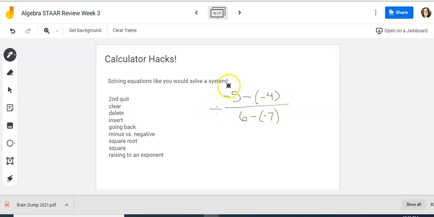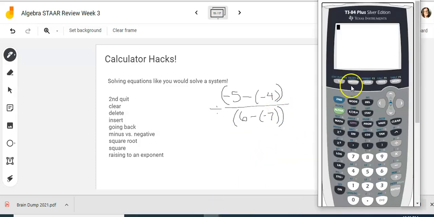My calculator wants me to also, if I have a fraction with a lot of stuff in it, it wants me to put parentheses around all of the top and all of the bottom, okay? So I want to know what the slope is. I'm going to go parenthesis, not minus, -5 minus parenthesis, -4.